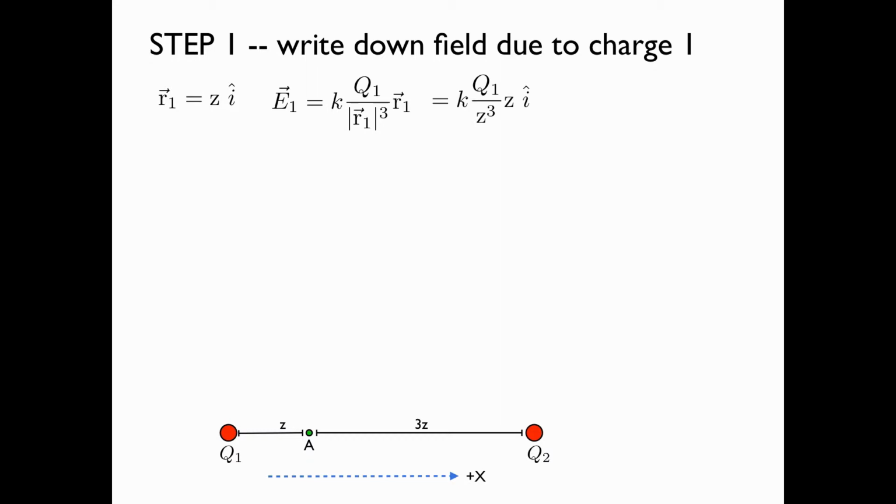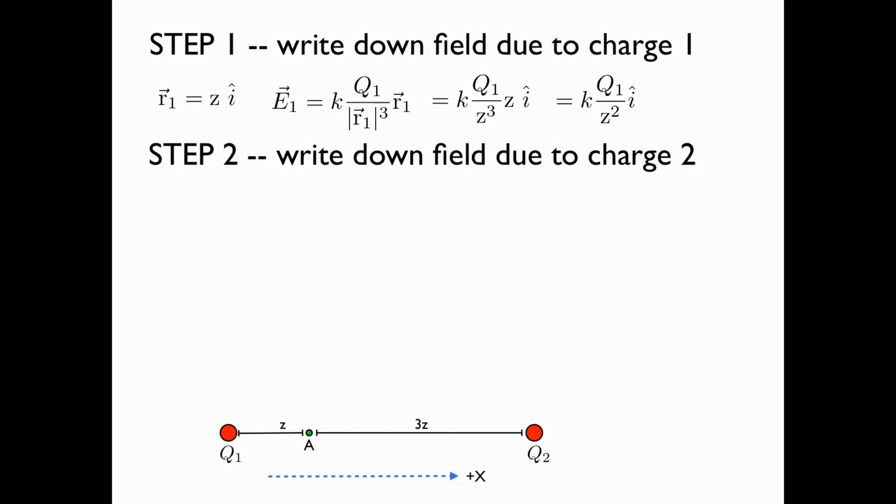And if we plug in the value for R1, we obtain this result, which can be simplified further to k times q1 over z squared i hat, where once again the i hat is a reminder that it's pointing in the x direction at point A.